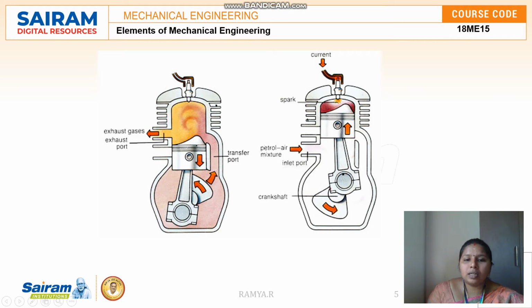Through the inlet port, the petrol air mixture is sent inside the crankcase, and the crankcase transfers the charge to the cylinder, where the air fuel mixture is ignited with the help of the spark plug. After the combustion process, the exhaust port is open and the exhaust gases move out through the exhaust port. So this is how a two-stroke petrol engine works.